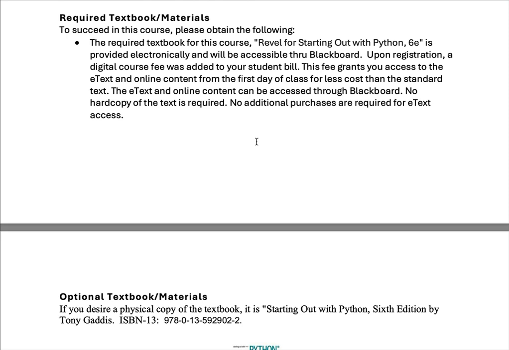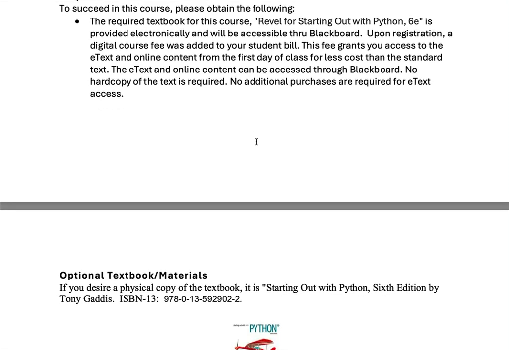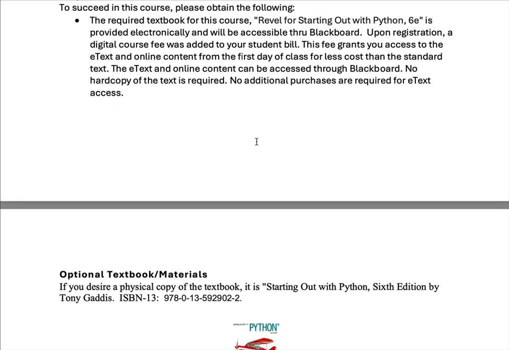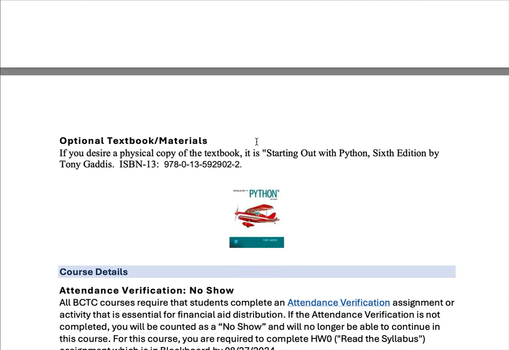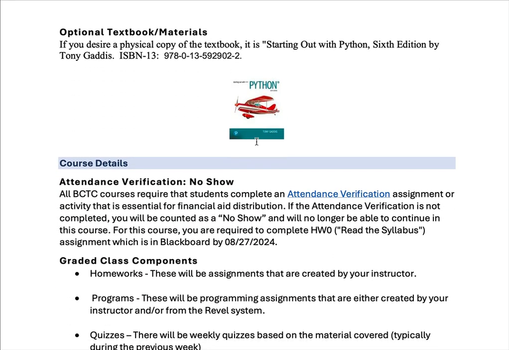There's a link for that at the top of your course content. You're not required to have a hard copy of the book. However, if for some reason you prefer a physical copy, here is the information that you can use to order a copy of the textbook.